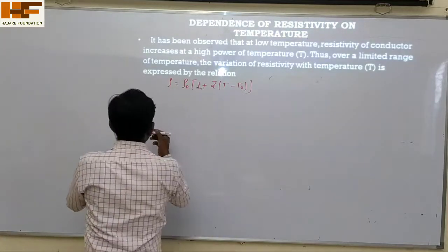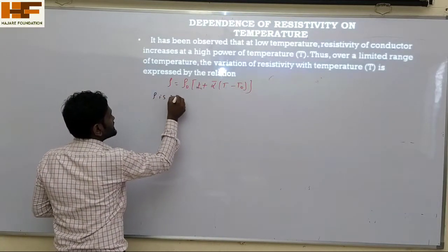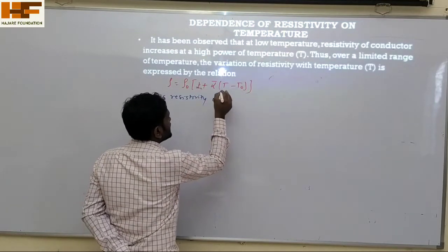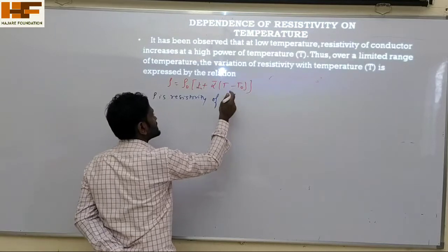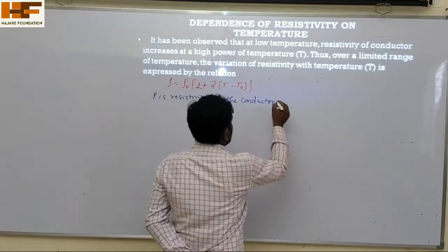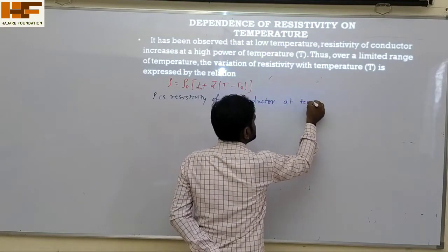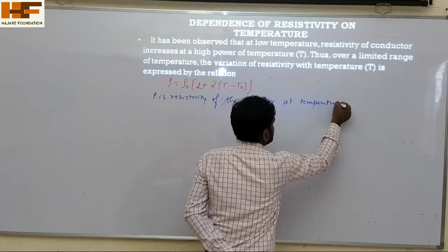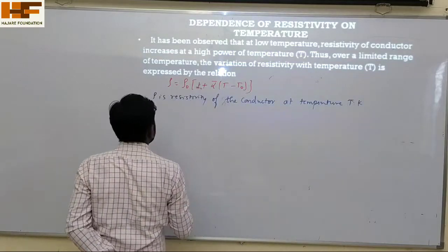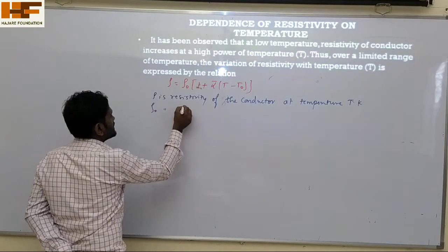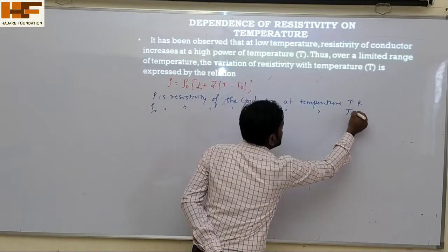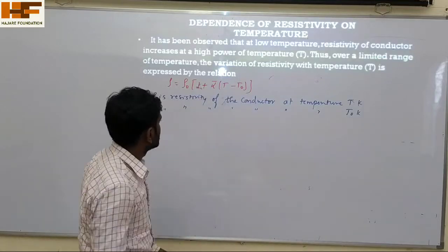Here rho is the resistivity of the conductor at a temperature T degree Celsius, or we can take T Kelvin, and rho naught is the resistivity of the conductor at the temperature T naught Kelvin or degree Celsius.